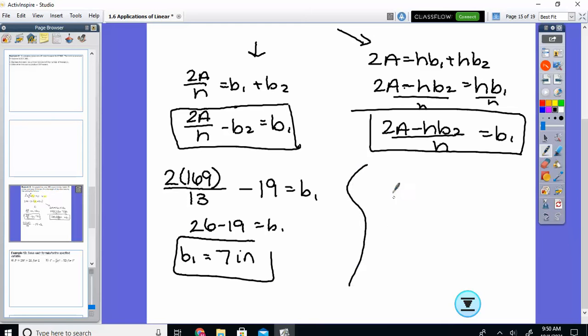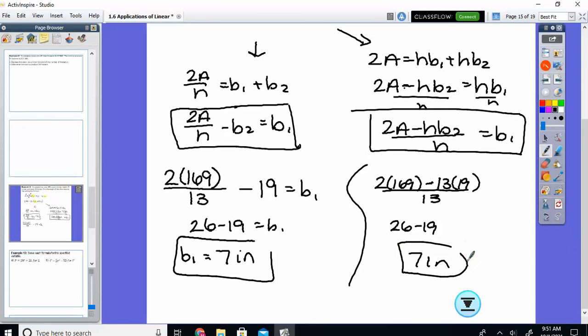Same way if you had done the other equation, as well. So two possible equations, they both are going to work. It's just a matter of which path you took to get there. Any questions on that?